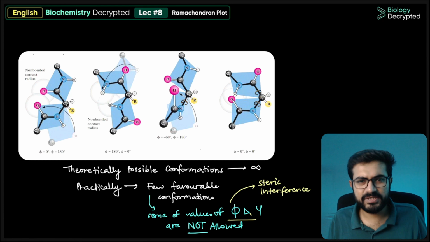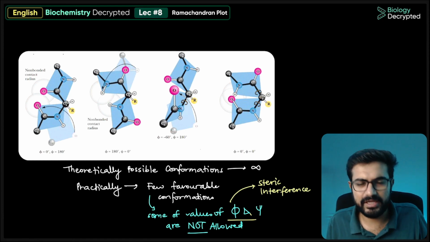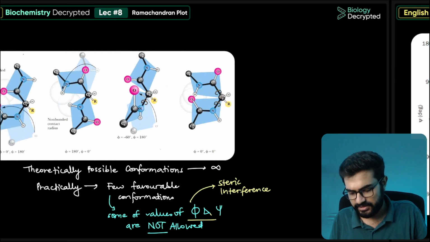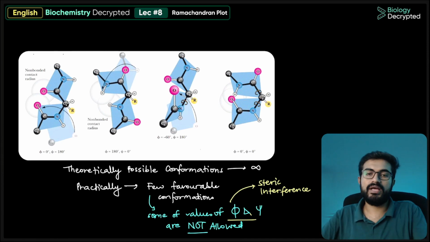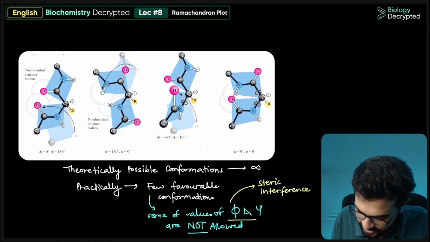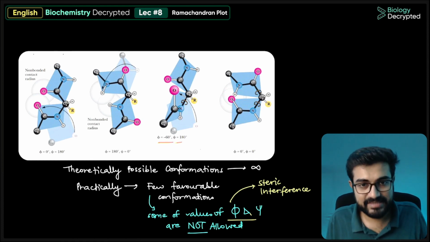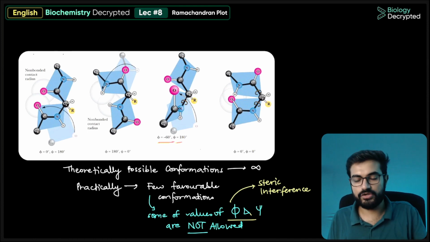Well, why keep something which will lead to instability, right? This will make it very unstable, and we don't want unstable systems. So to avoid this steric clash or steric interference, only those were preferred which led to a favorable combination and less steric interference, and these were the allowed angles. These were the allowed combination of angles.